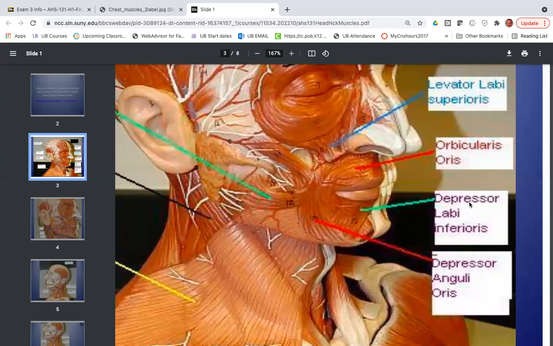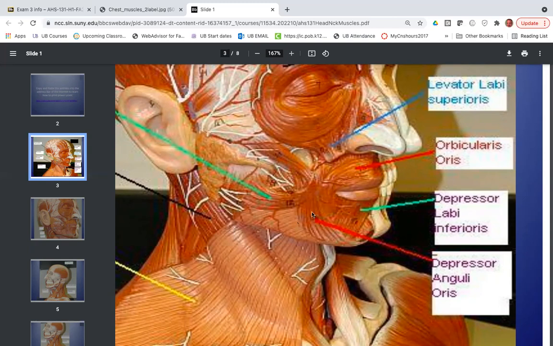Right here, Depressor labii inferioris. So labii means lip. So depressor labii inferioris. It depresses the lip inferiorly.